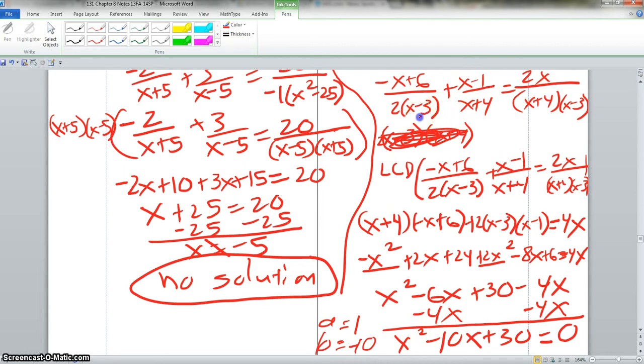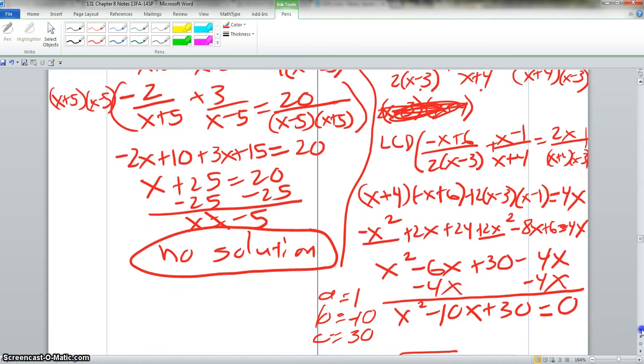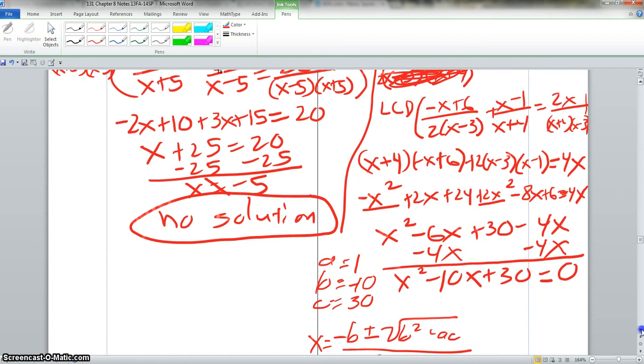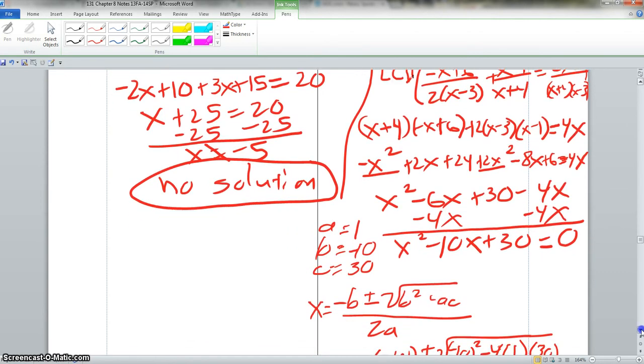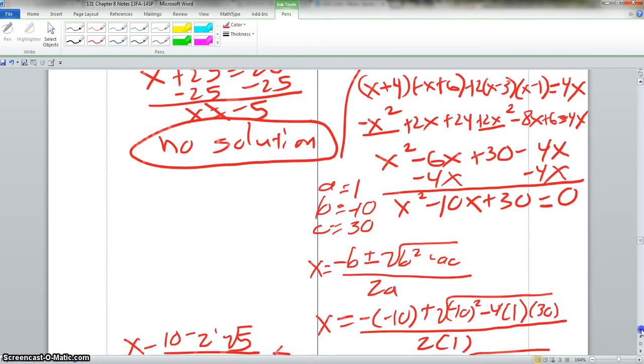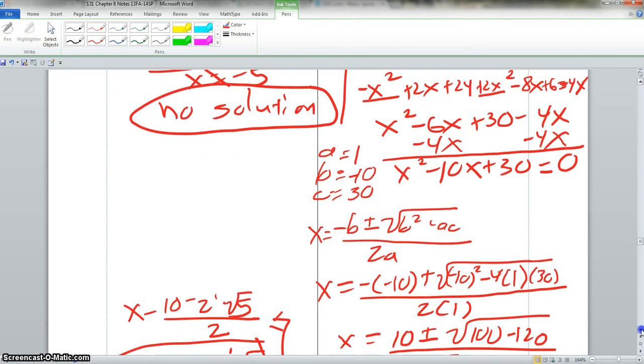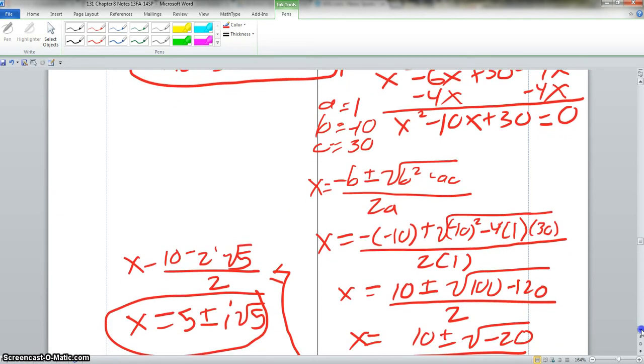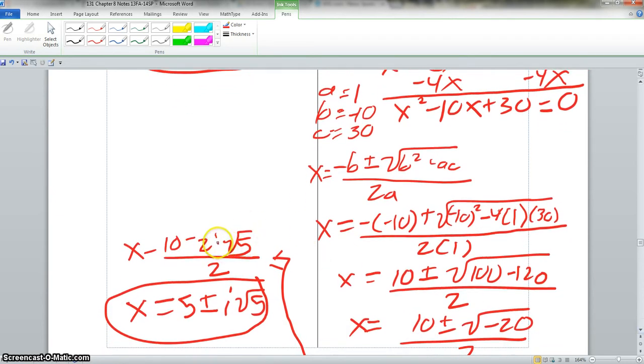We know that positive 3 and negative 4 are the only two numbers that would make these denominators zero. Since we don't have positive 3 or negative 4 as our final answer, we know that x equals 5 plus or minus i square root 5 is the final answer.